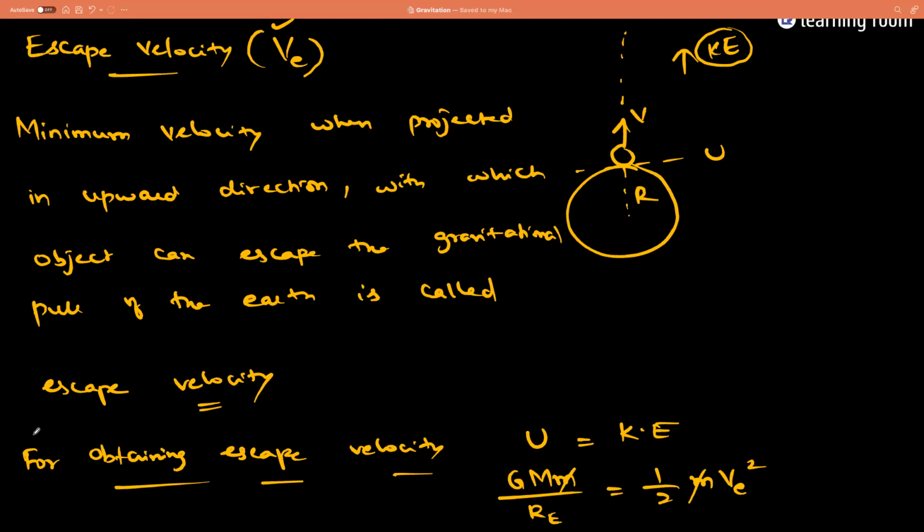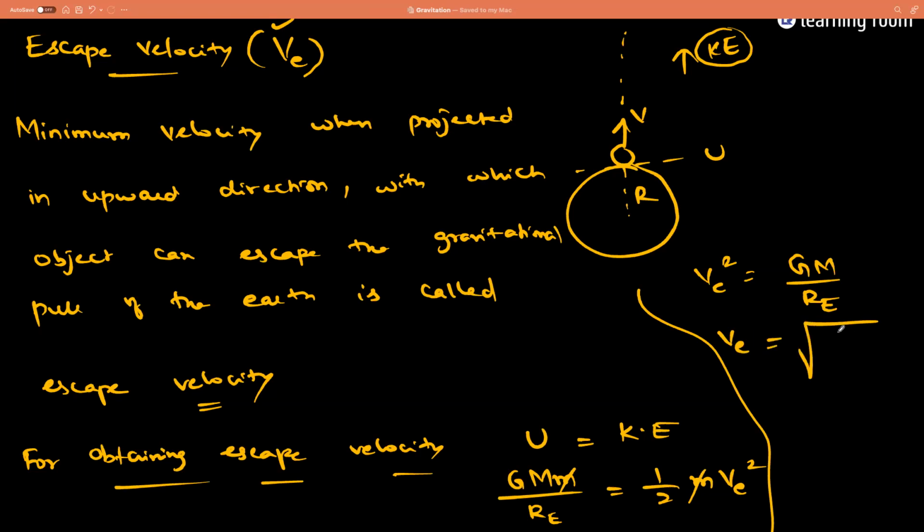So what will happen to the value of VE? I'll write it here itself. So VE square will be equal to GM divided by RE. So what will be the value of VE? Root of GM divided by RE. Now what I will do is, I'll multiply with RE and divide it with RE so that I'll get root of GM into RE divided by RE square.